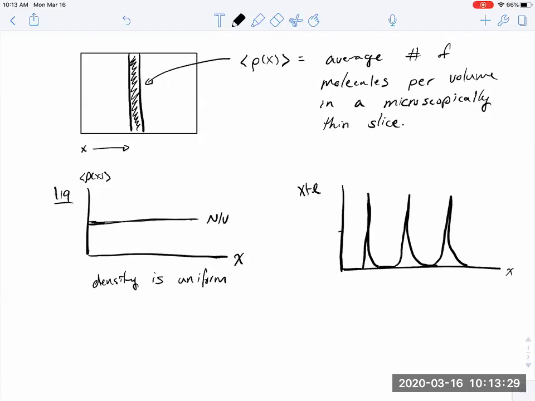A very fancy way to say this is that crystals exhibit a loss of translational symmetry. Where in the fluid, I can be anywhere.